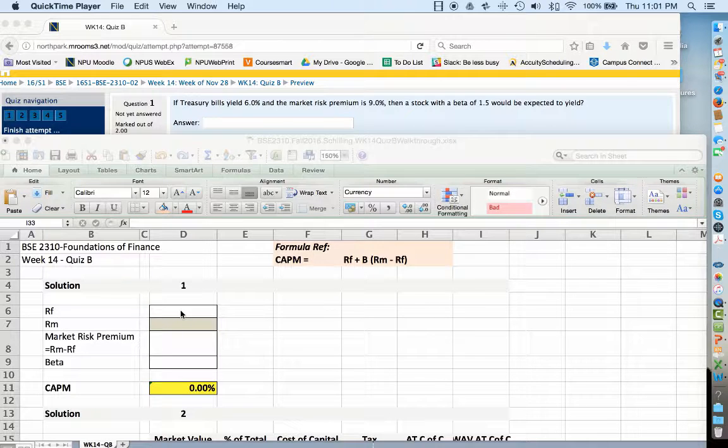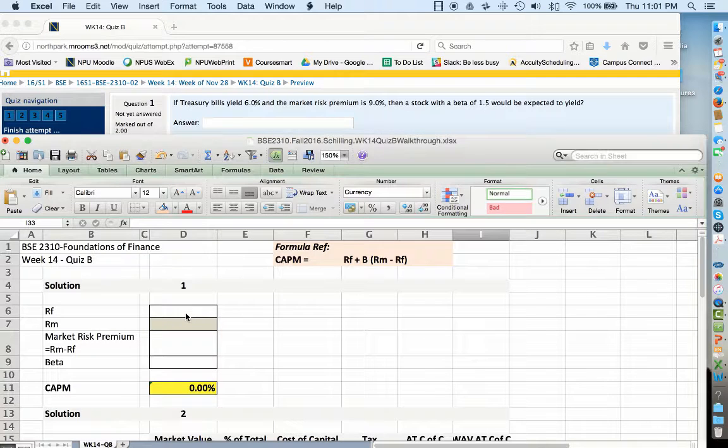So I'm told that the Treasury bill yields 6%, and that is the risk-free rate. Generally, if we're looking for the risk-free rate, we'll use the Treasury bill as our proxy. I'm also told in the problem that the market risk premium is 9%. Well, RM is not the market risk premium. In fact, RM is the market rate of return. So the market risk premium is RM minus RF.